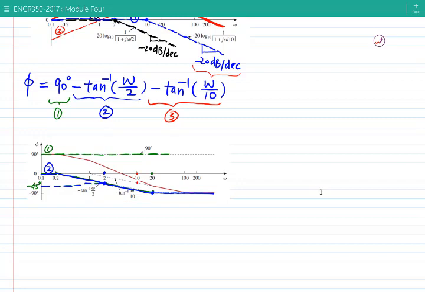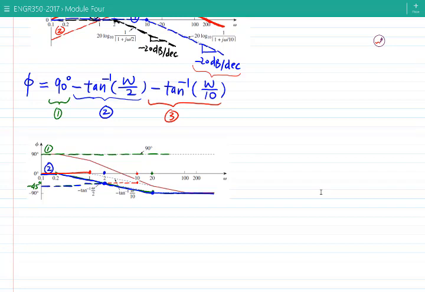When omega is equal to 10, the phase angle is minus 45 degrees. When the frequency is 10 times smaller than 10, which is 1, this is the lower frequency bound, and the phase angle is 0 degrees.